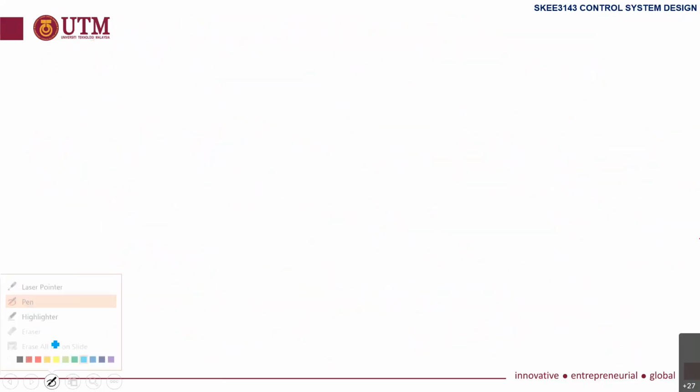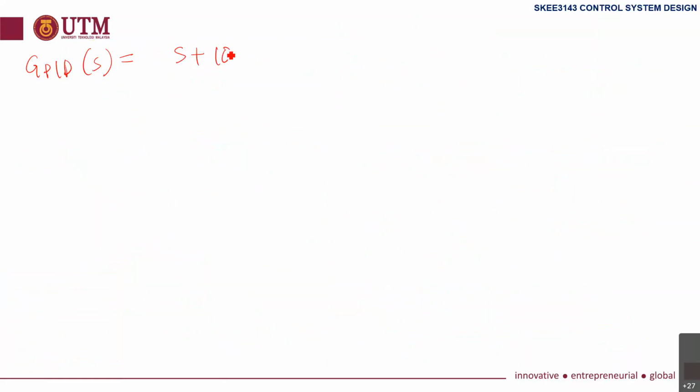We can proceed to design the PID. GPID is, we multiply K, PI and PD. PD is S plus 10.14, PI is S plus 0.02 over S, and we have K in front.